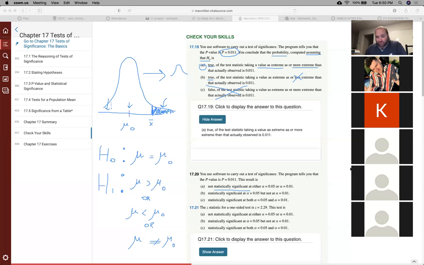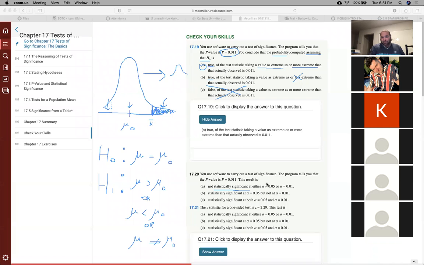But it's not always 5%. That's not always the cutoff. If they give you a specific alpha, they're giving you a specific cutoff. Alpha is not always given, but if it's not, you can assume that alpha is 0.05. Okay, 0.05 is kind of like the default alpha.